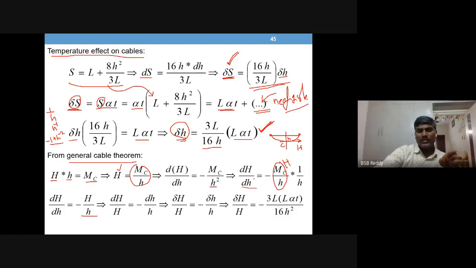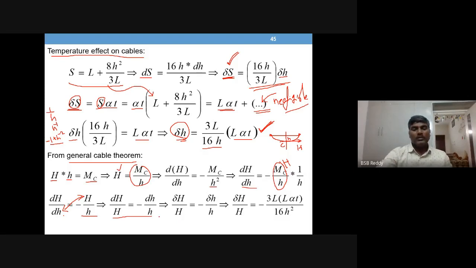The left hand side is the same, dH by dh. Send this term here and take small dh there. So dH divided by H is equal to minus, don't forget the minus sign, dh by h.